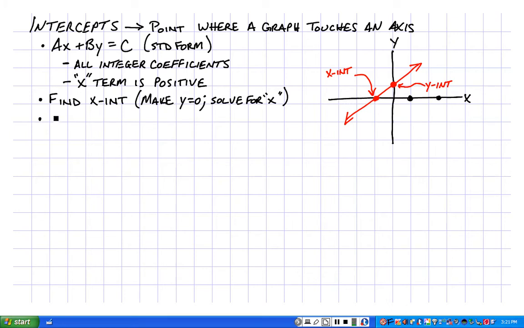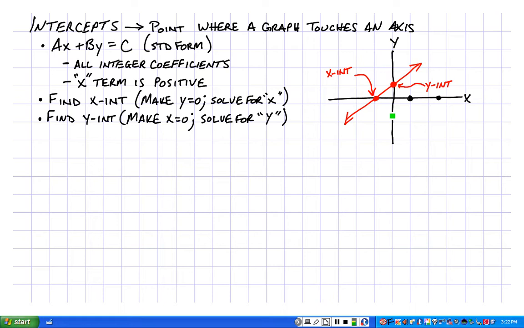Now, after we find the x-intercept, we can go about finding the y-intercept. To do that, we make x equal to 0 and solve for y. The same point applies.